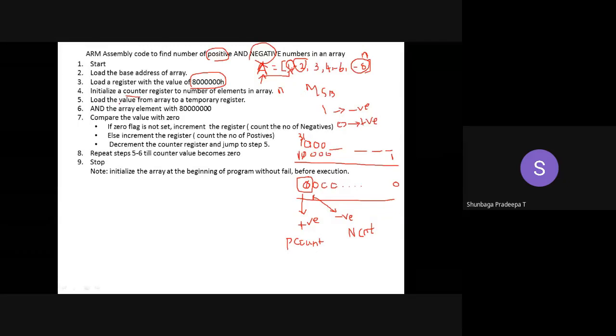First I read the first data from memory and load it in a temporary register. Then I perform the AND operation and compare the value with 0. If the zero flag is not set, it is a negative number, so I count negative elements. If the zero flag is set, it is a positive number, so I count positive elements.